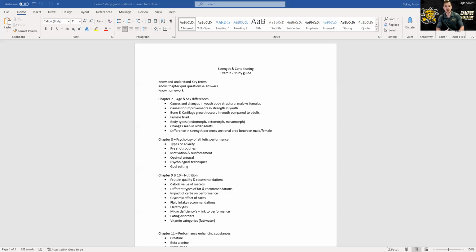How do we see changes of strength occur? That's the next point. We see those changes especially in a newcomer. It doesn't have to be an adolescent, but anyone that's brand new to strength training is going to see a large increase in strength within the first 4 to 6 weeks because they're neurally adapting to the imposed demand. They are learning how to control their body, how to coordinate and how to move through those movement paths.